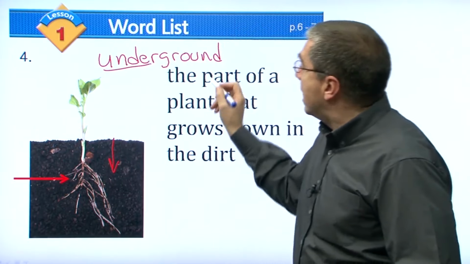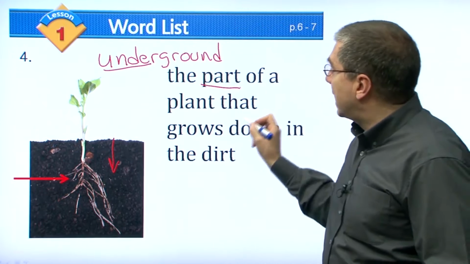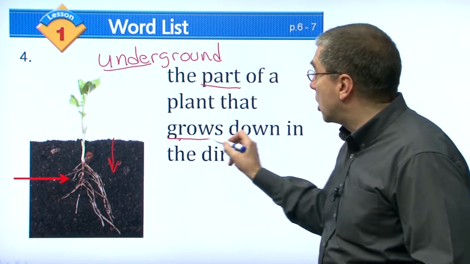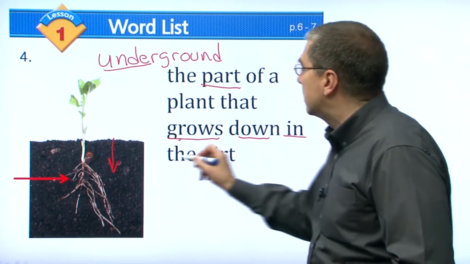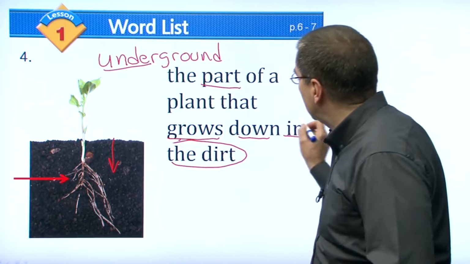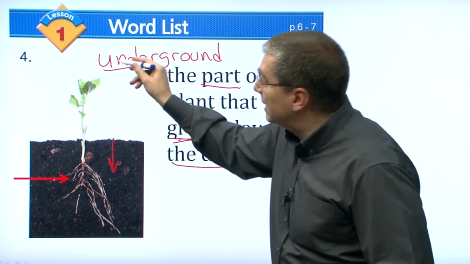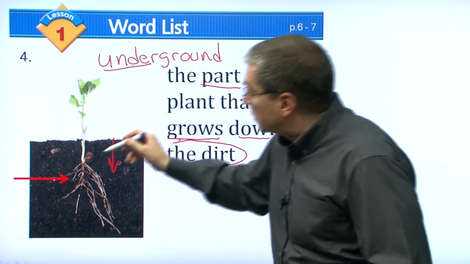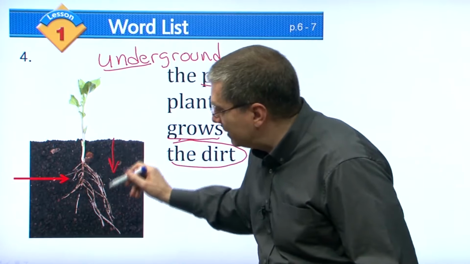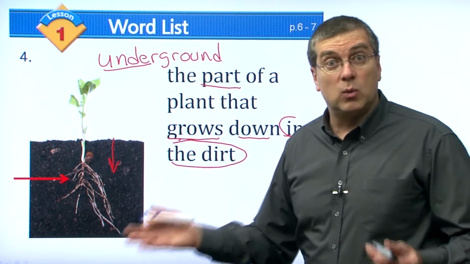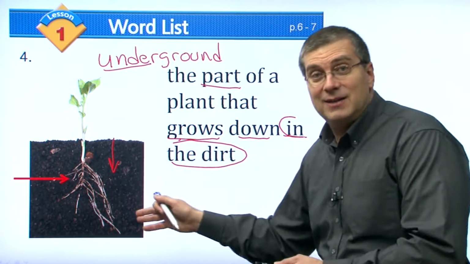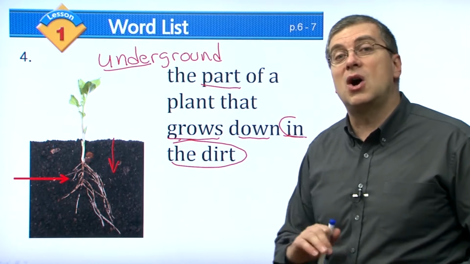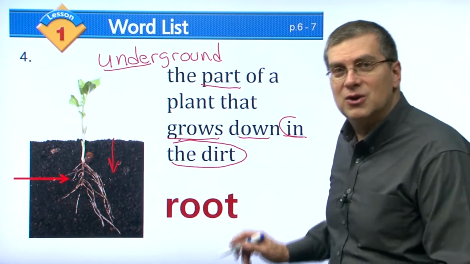The part of a plant that grows down in the dirt. So what part of this plant is it? What's the word there? We say that part of the plant is called the root.